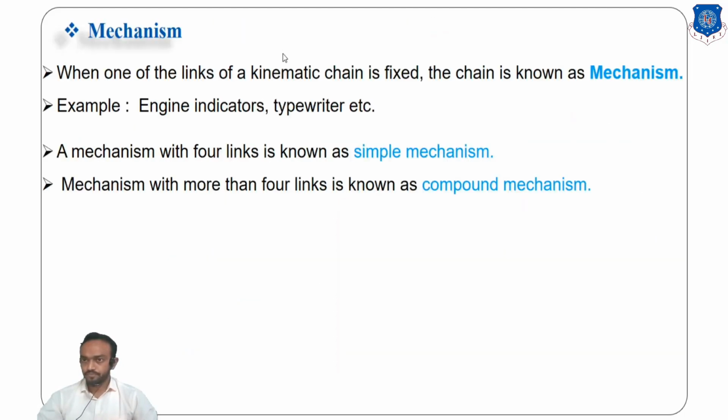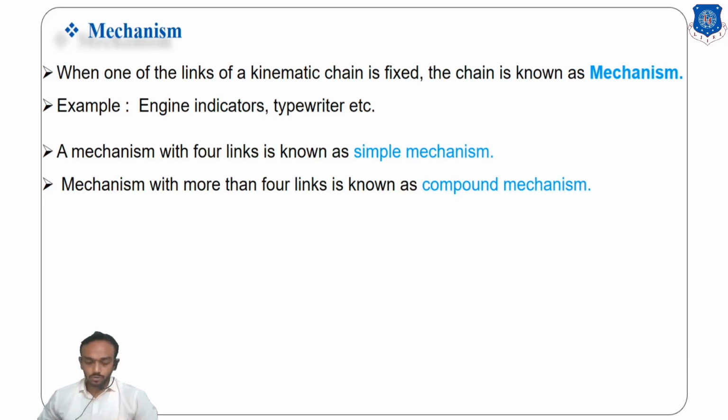So we are here at the last stage of our chapter, because kinematic links connect to make pairs, and a chain makes what? A mechanism. In this chapter we have to learn mechanisms, not machines.